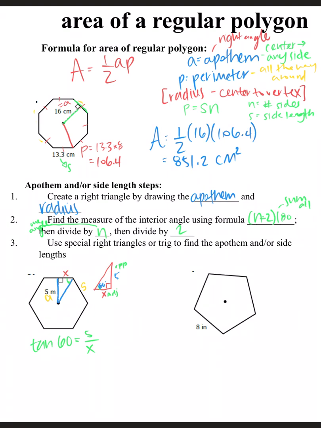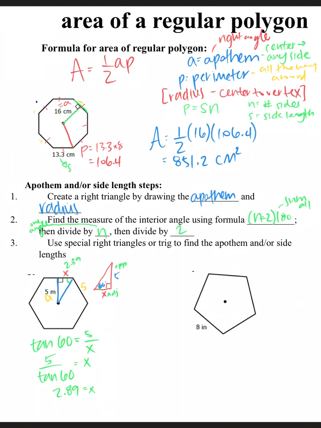Remember, when that number is on top and x is on bottom, what we're going to put into our calculator is 5 divided by tangent of 60, and that is 2.89. It's going to equal x. So this is 2.89.